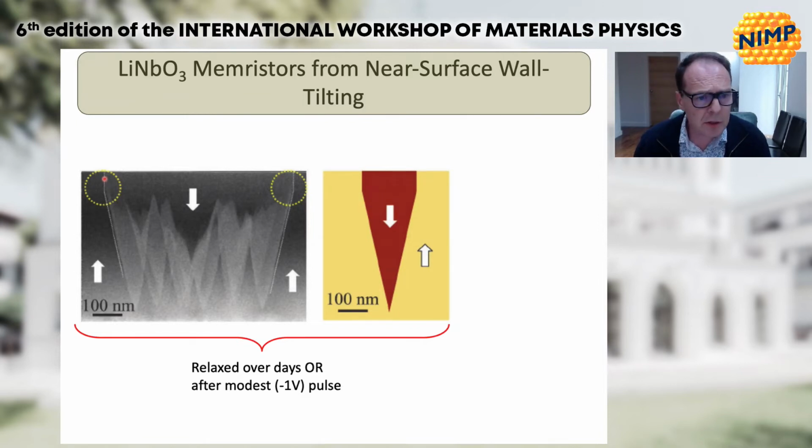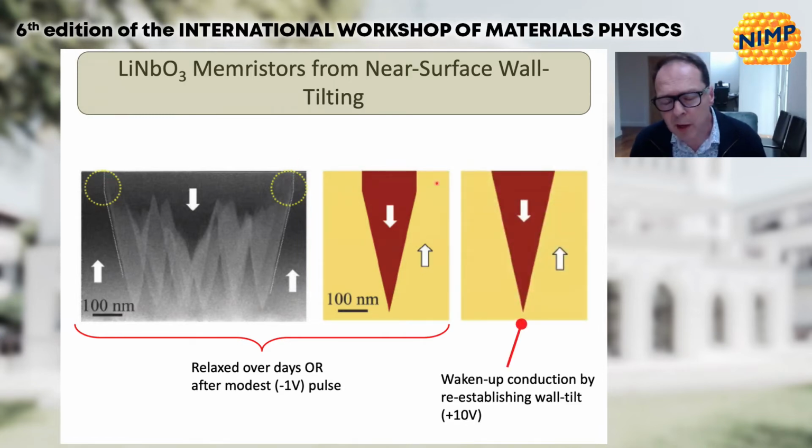So in other words, this no longer has a polar discontinuity. And therefore, if the conduction is due to the magnitude of the polar discontinuity across the wall, you expect this to go from something that was inclined and conducting nicely to something that is now not conducting at all.